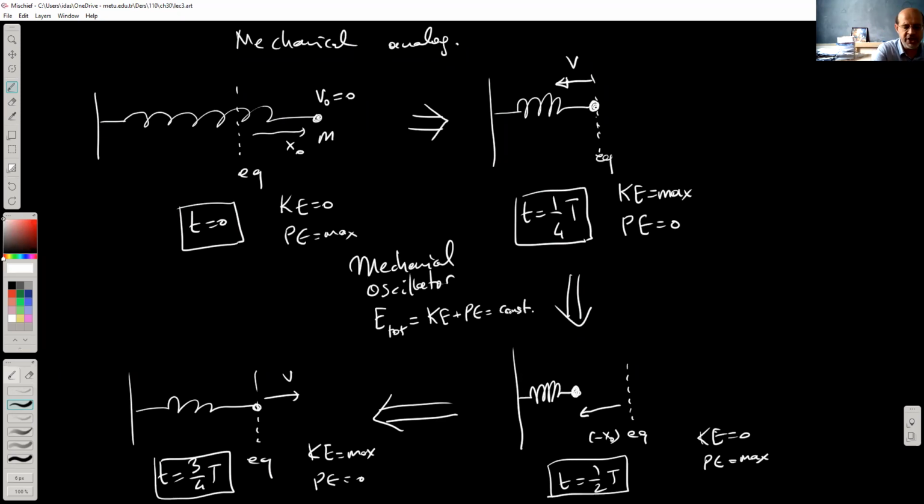We cannot have a situation where there is a kinetic energy, but it doesn't change. If there's a kinetic energy, it means that the particle is moving, so something is changing. If there's a potential energy, we know that there is a restoring force, so the position will change. As a result, the total energy doesn't disappear. It periodically changes between the kinetic form and the potential form, all right? So we have some kind of a periodic motion here.